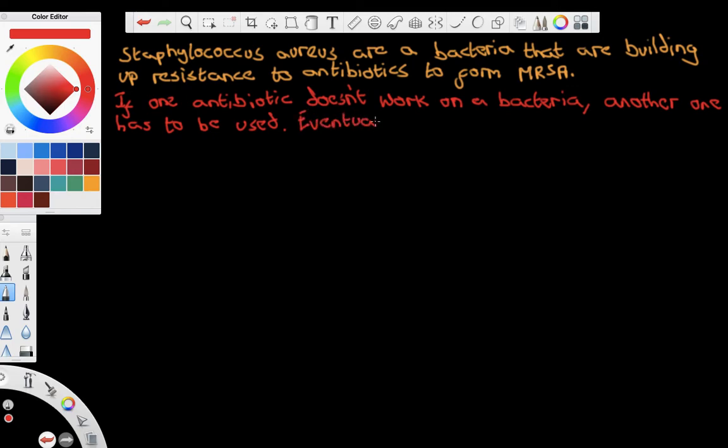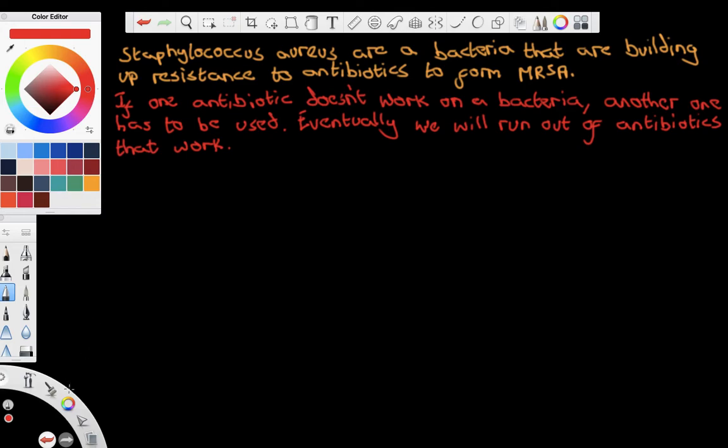Eventually, we will run out of antibiotics that work. Okay? So essentially, the more antibiotics we use, the more we're going to struggle to treat these sort of illnesses.